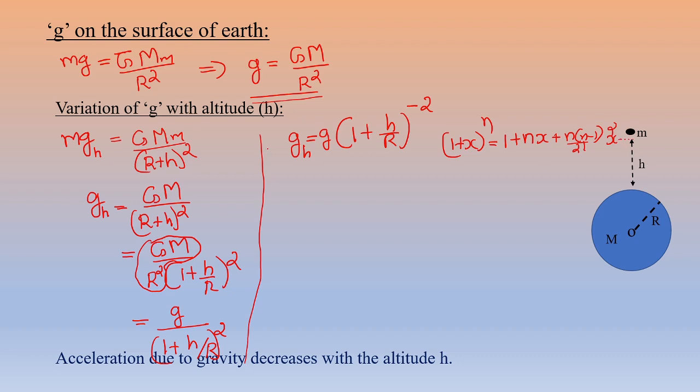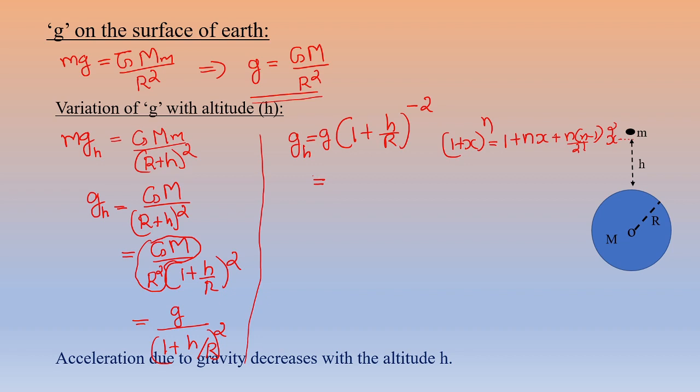But here we are taking only the first order terms, because compared to the radius, the value of h is less than the value of R. So when we take the ratio h by R, it is less than 1. When we take the square of that same h by R, it is again very small.